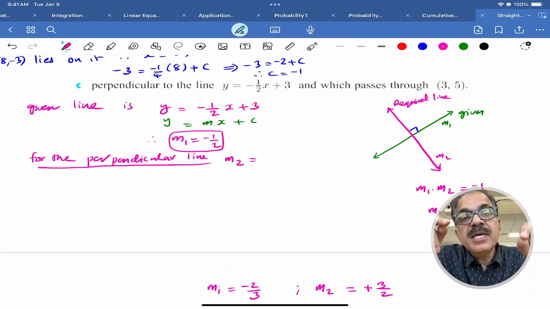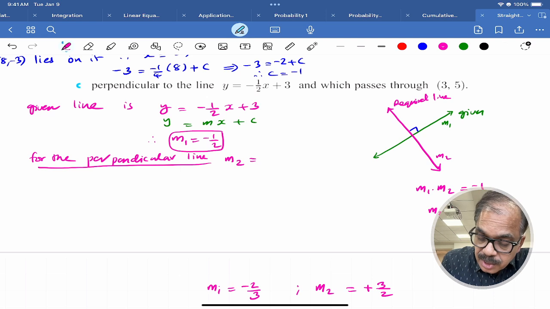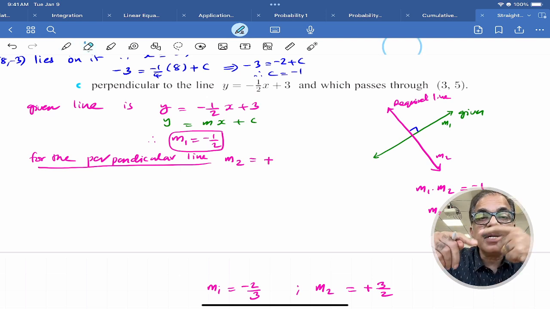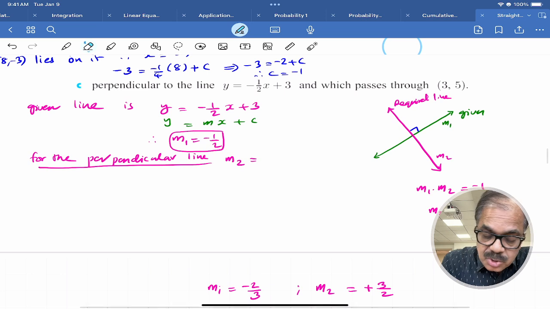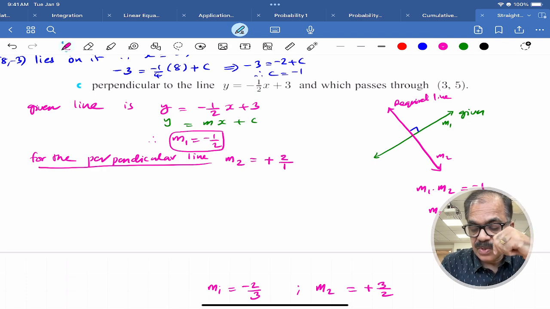But the first gradient is already a negative number, so negative of negative is going to be positive, but reciprocal. The original gradient is 1 by 2, so its reciprocal is 2 by 1. That's my m2, or rather, I could just call it 2.